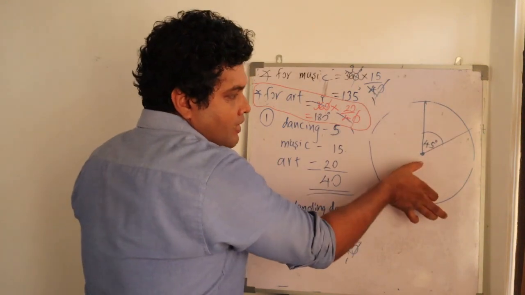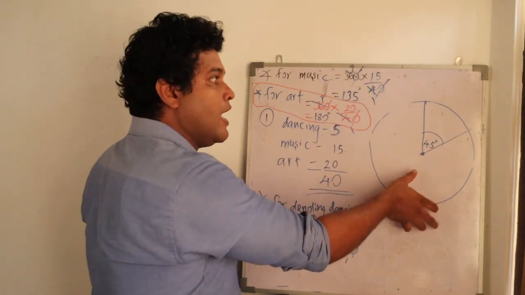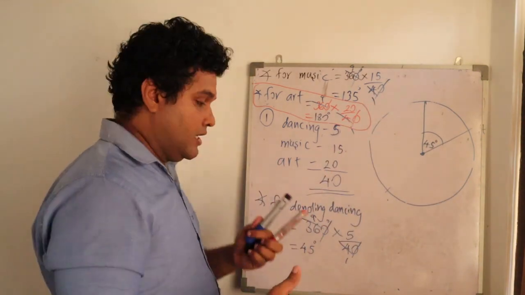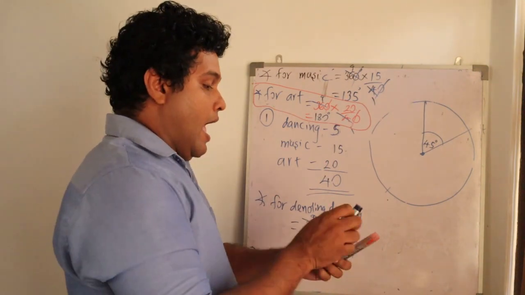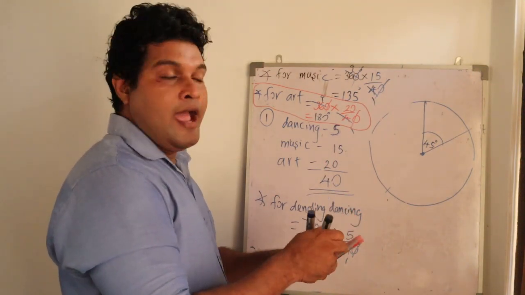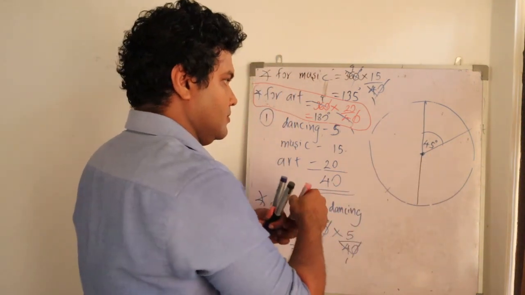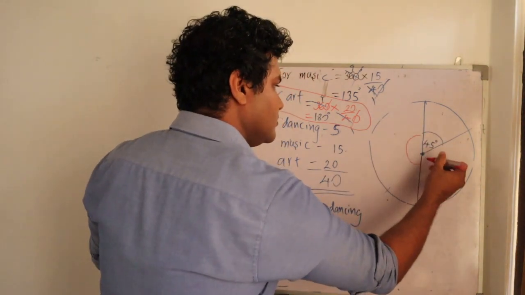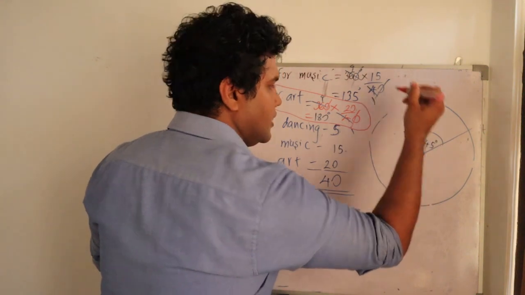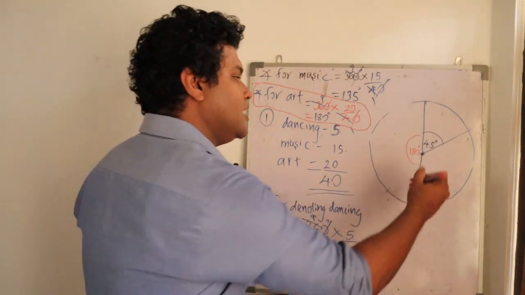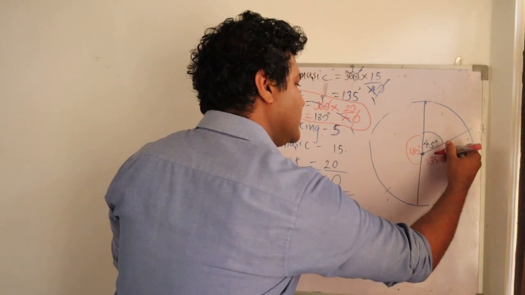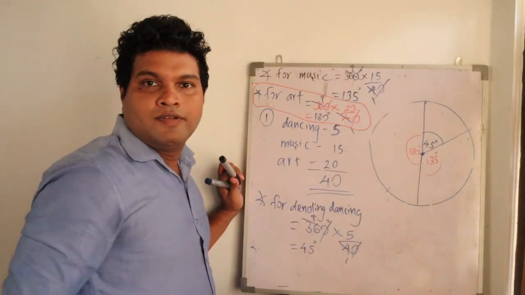Because the next angle is 135 and the other is 180, what is the angle that you get easily? The 180. This one. And this must be 135. Right?